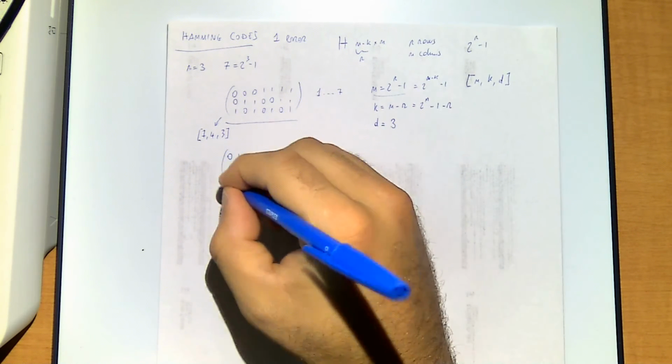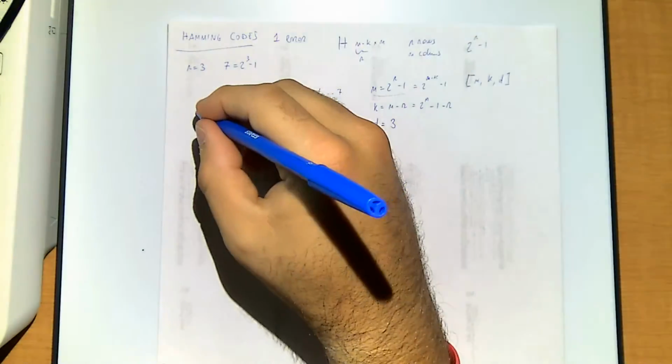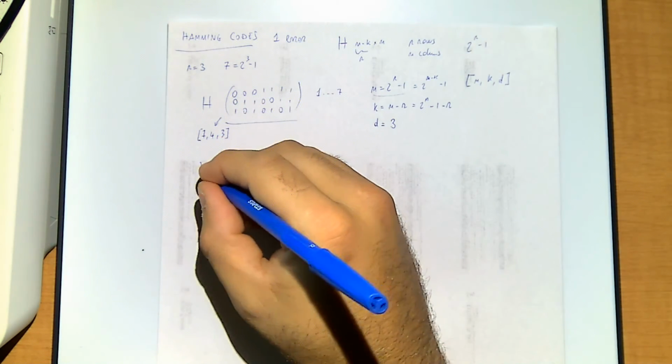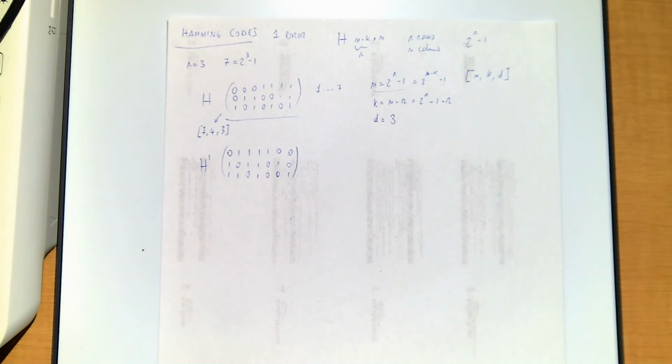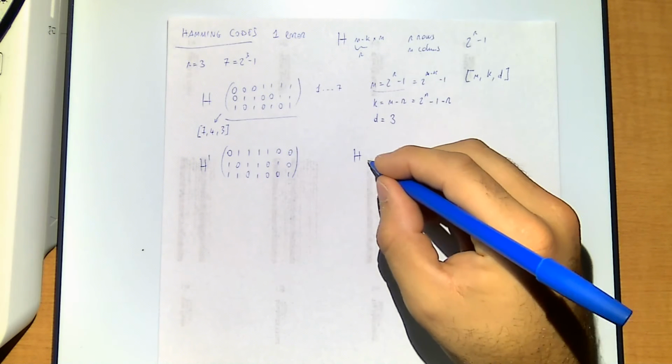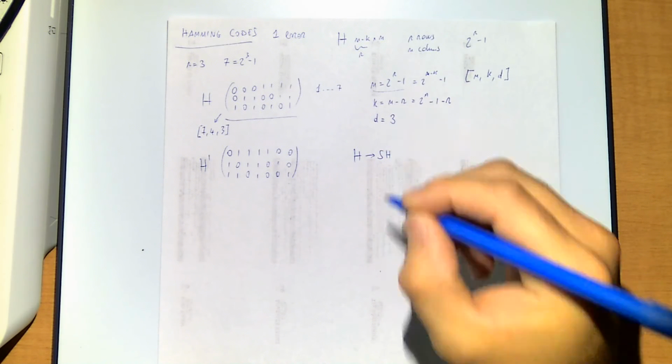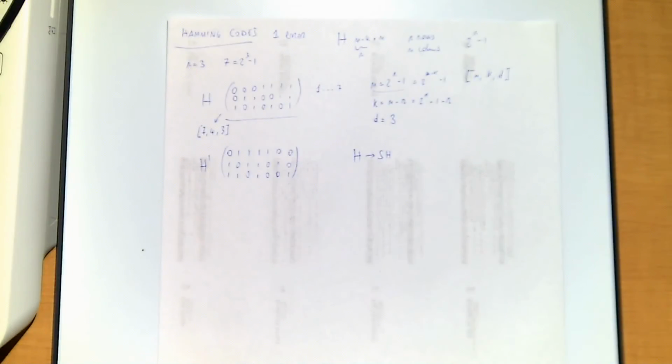So these are the same columns that I had before, I just moved them around. If this is H, this is H prime. They don't define the same code because the positions are moved around. Remember, the condition for defining the same code is that you're changing your basis, so you're multiplying on the left. So if you have H, then SH gives you a different parity check for the same code.